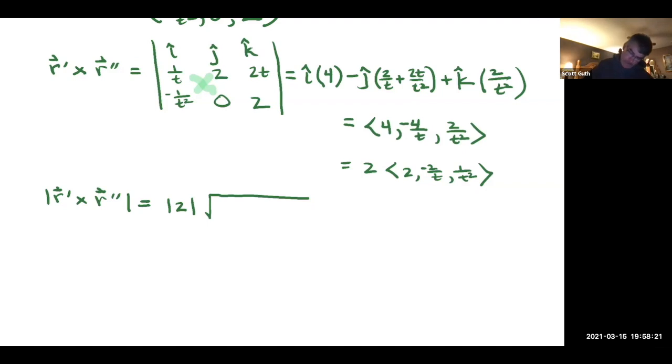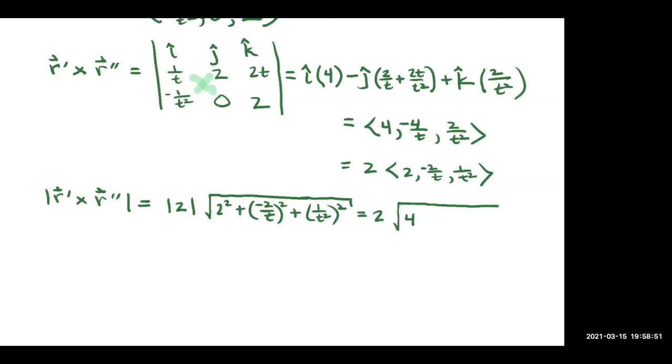Okay, so then we'll do the 2 squared plus negative 2 over t squared plus 1 over t squared, like that. Okay, so this looks bad. 2 square root, obviously it's going to be a perfect square.